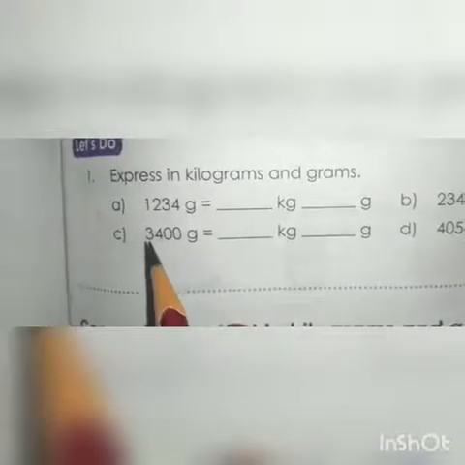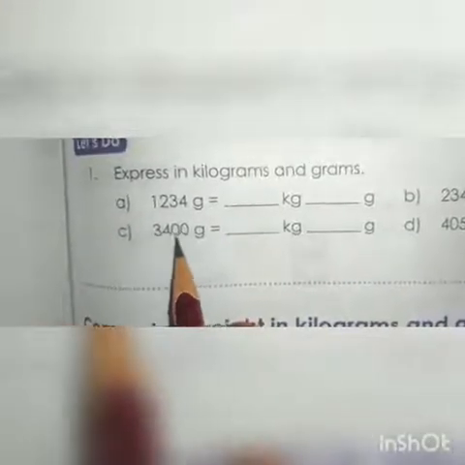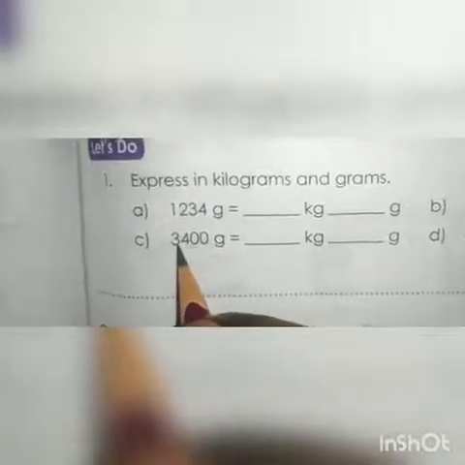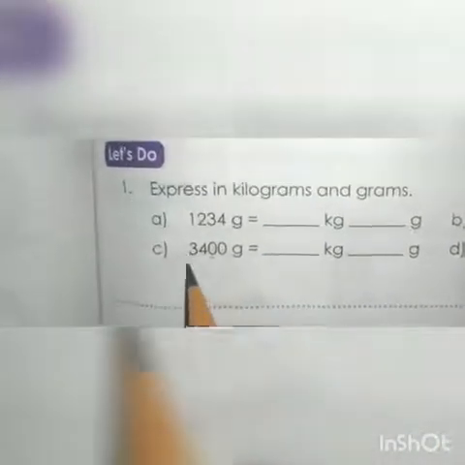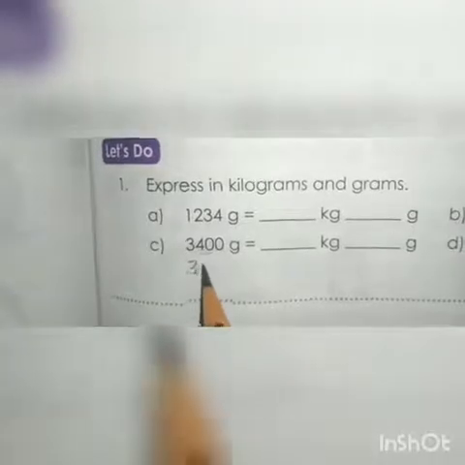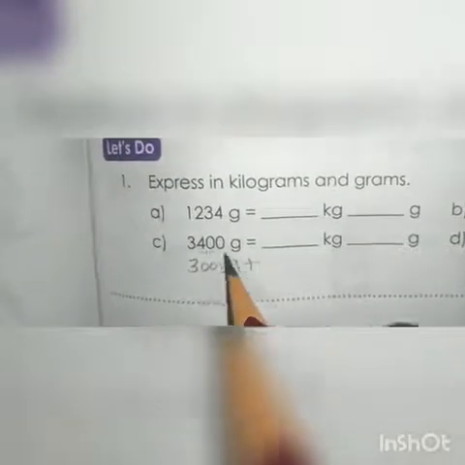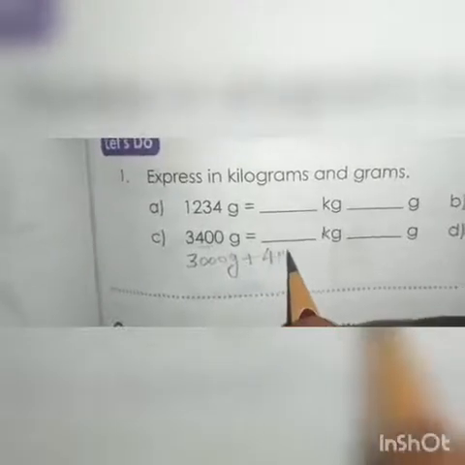We will see the next problem. 3400 gram is given. We have to express this into kilogram and gram. Here we have to write 3000 separately. 3000 gram plus 400 gram.